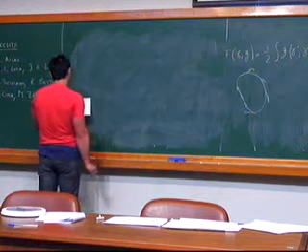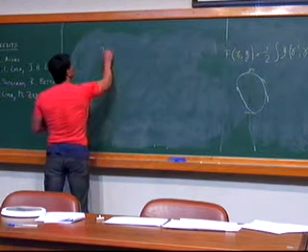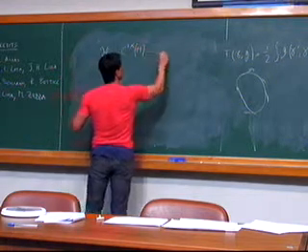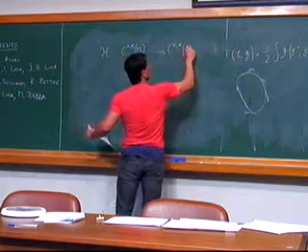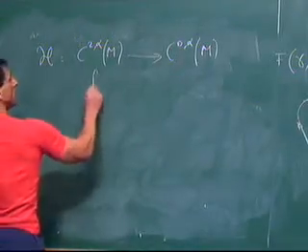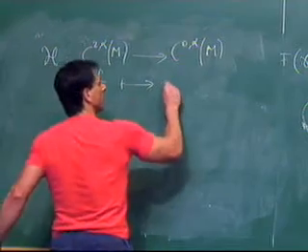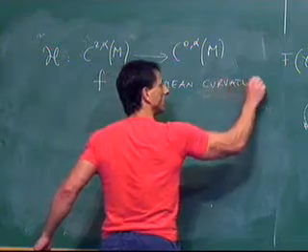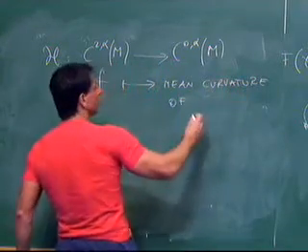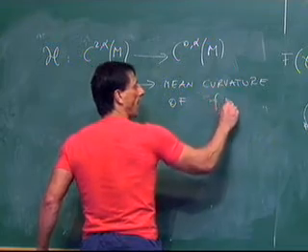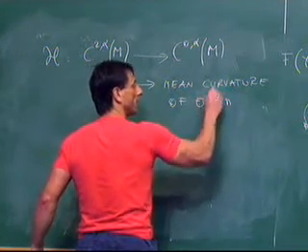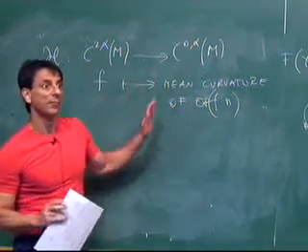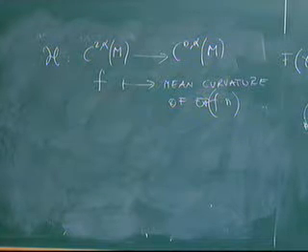So they do the following thing. You take the function h from C^{2,α}(M) into C^{0,α}(M) that carries a function f into the mean curvature of the surface given by f times n and then exponentiate. So to each function you associate a surface and you take the mean curvature of that surface.